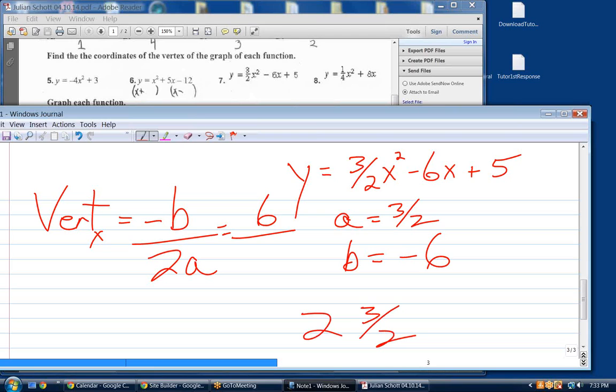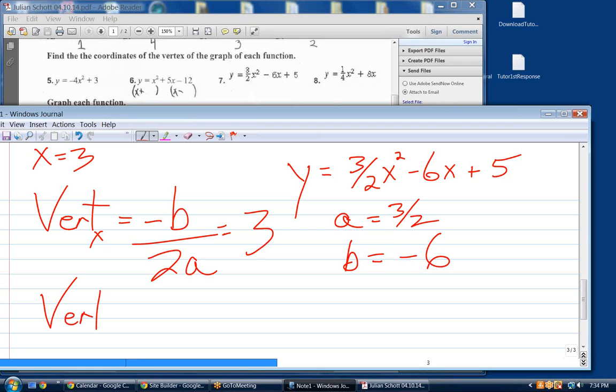Over 6/2. Which is? 3/1. So the x-coordinate of the vertex is 3. In other words, x equals 3 for our vertex. We're looking for our vertex, so we need the y-coordinate of the vertex, and we'll have the vertex.